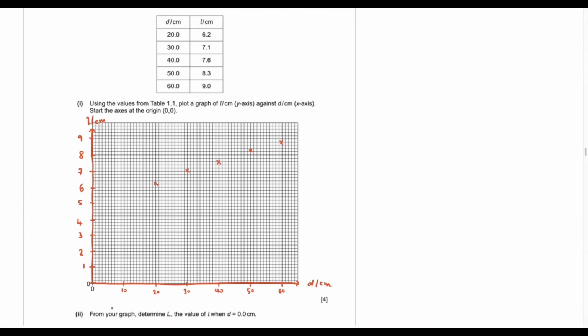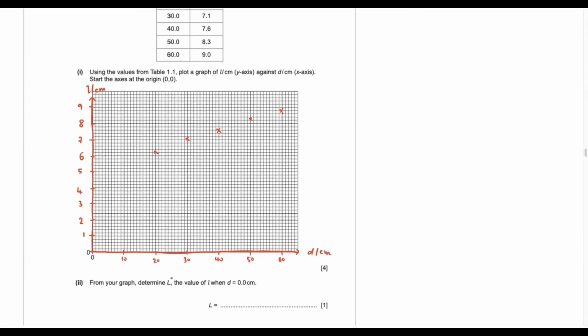Then after you plot the graph, of course, we need to join up with the line of best fit. So from your graph, determine L, the value of L when D equals 0.